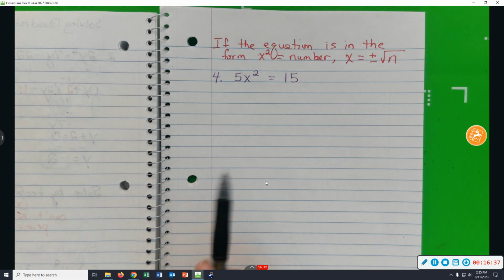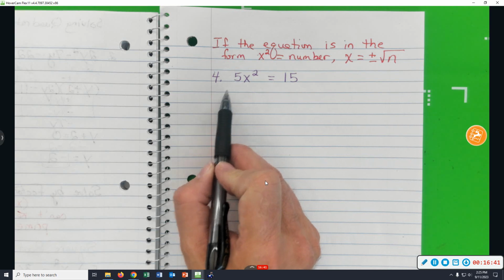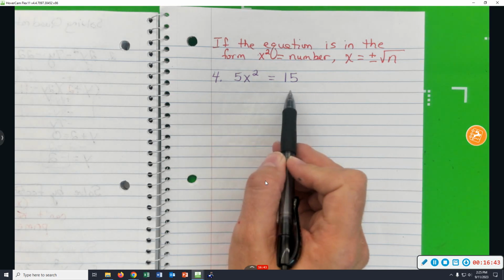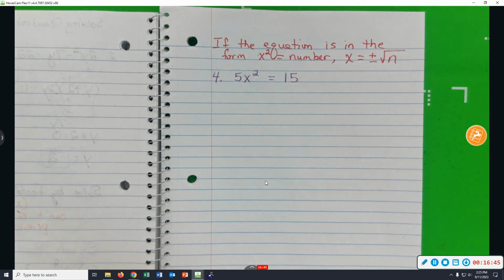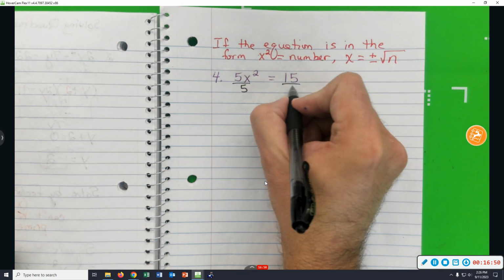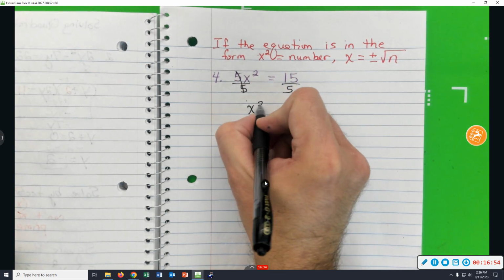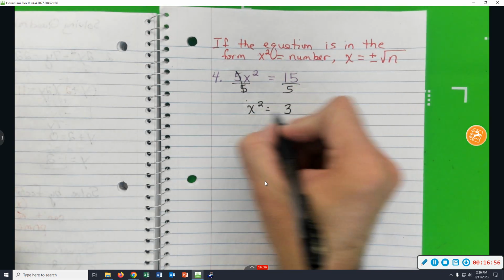What could I do to cancel out this 5? I'll give you a hint. Am I going to go minus 5 on each side, or divide by 5? Yeah, divide both sides by 5. And we have x squared equals 3.